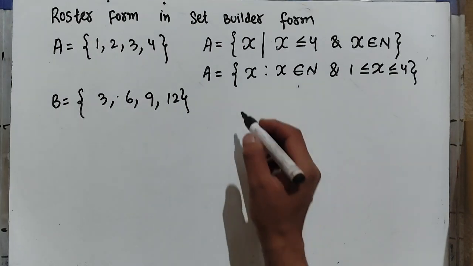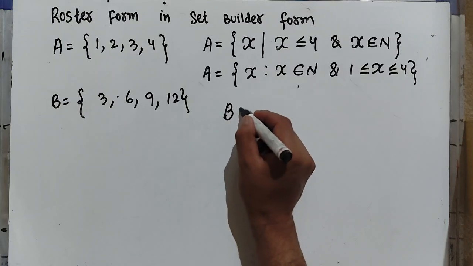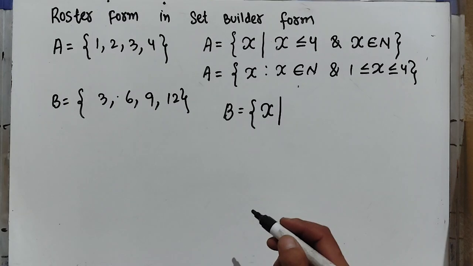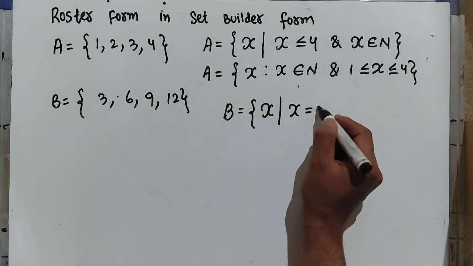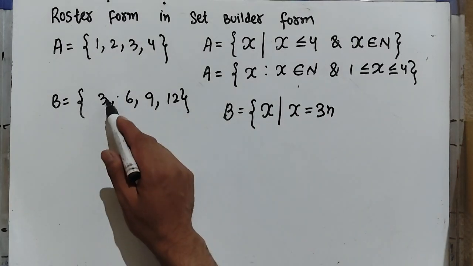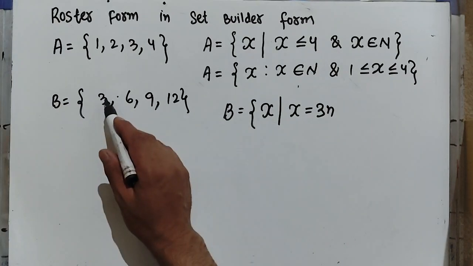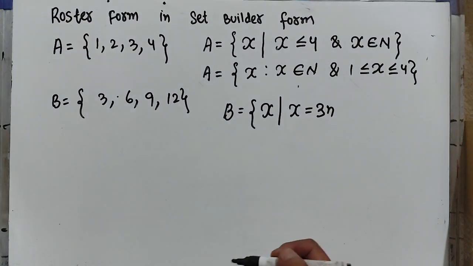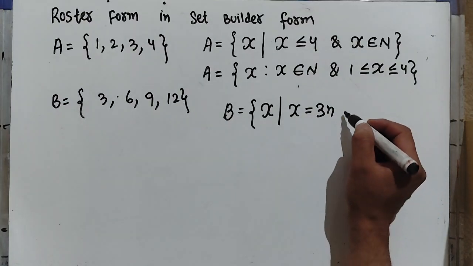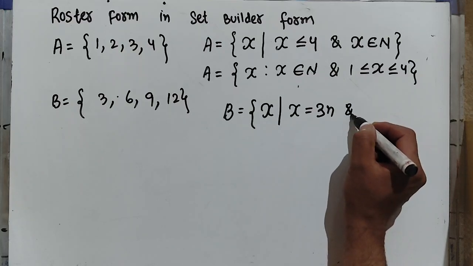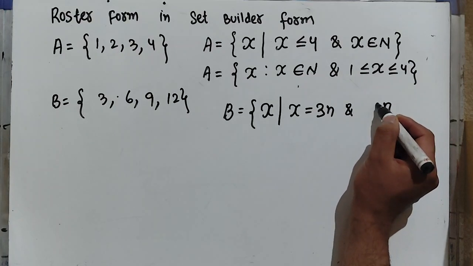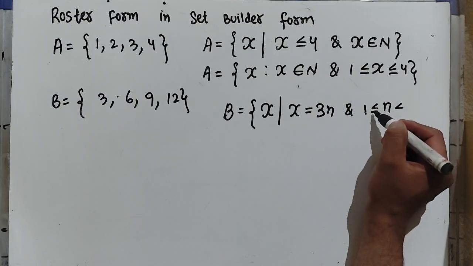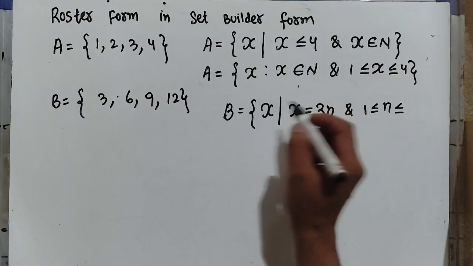So can I write it like this? B is the set of all x's such that x is equal to 3n. Here you can see if n is equal to 1, we get 3 1s are 3. Then if n is 2, we get 3 2s are 6, 3 3s are 9, and 3 4s are 12. Then we have to specify another condition, that is n is greater or equal to 1 but less or equal to 4.